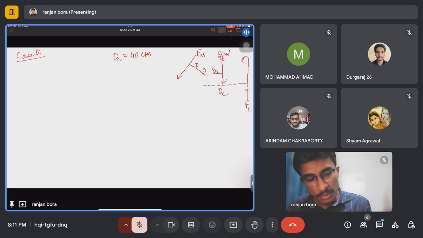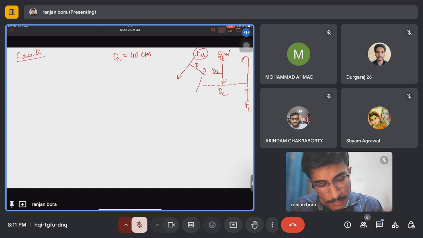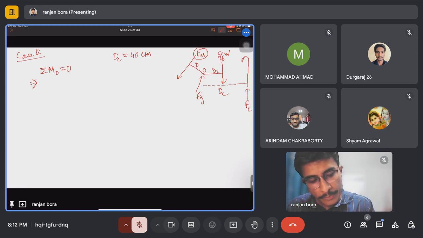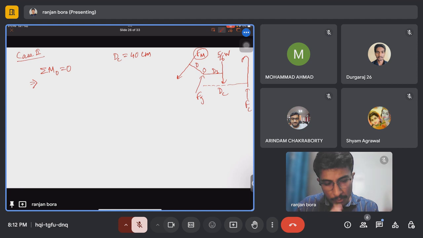So again I will first evaluate this FM. This was FJ. I will take the moment equilibrium about point O, summation MO equal to 0. From here, again with respect to point O, this FM is producing anti-clockwise moment, and anti-clockwise we are taking as negative.